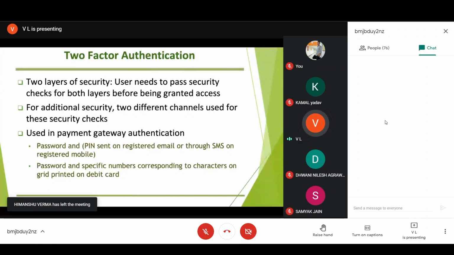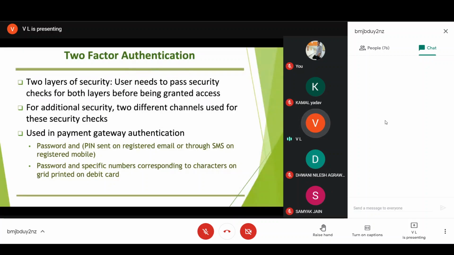Similarly, if you look at ICICI Net Banking, they give you a debit card. On the back of the debit card there is a grid, and on that grid some characters, and corresponding to the characters, some numbers are printed. Whenever it wants to authenticate a person, it will select some random characters from that grid and ask you to enter the corresponding numbers.